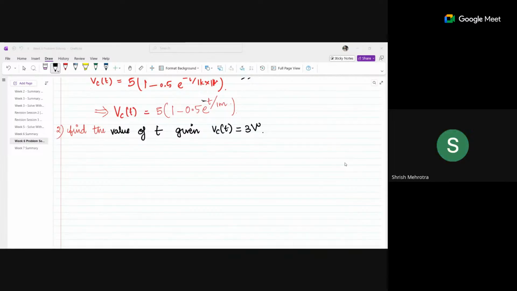Ma'am, we have to simplify log also. Is it log or ln? ln.